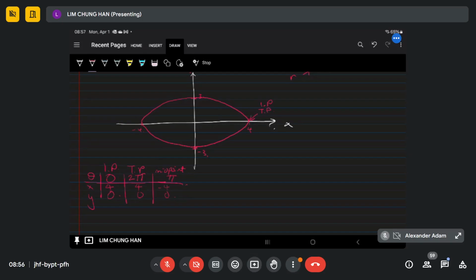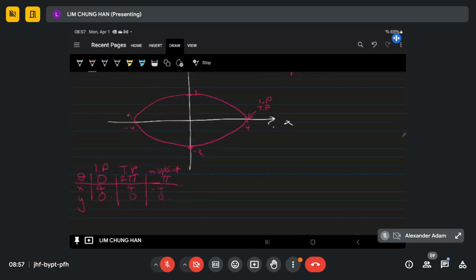We know that halfway during the journey, at the so-called midpoint, it's at -4, 0. So where is the midpoint? -4, 0. So this is the midpoint there.